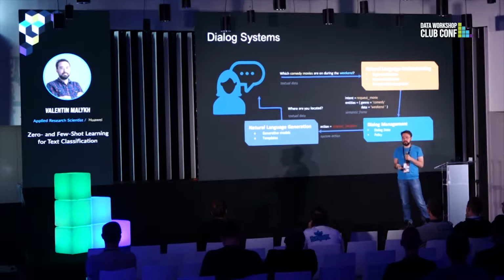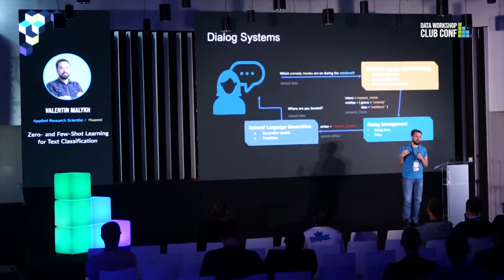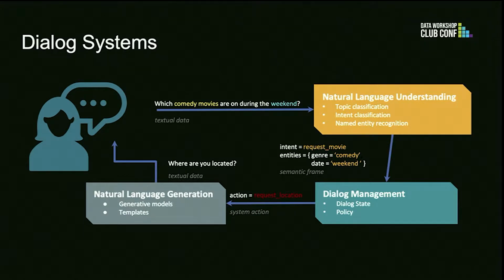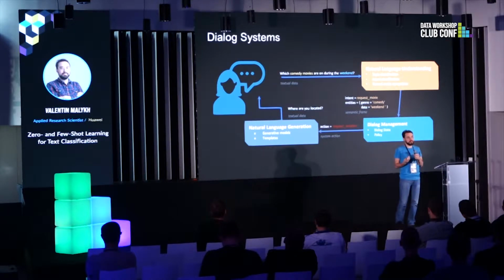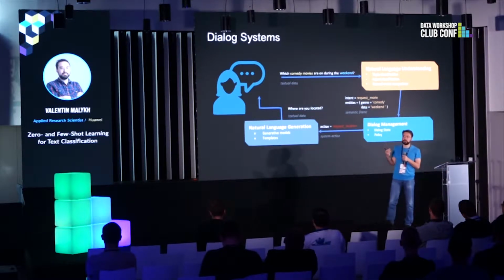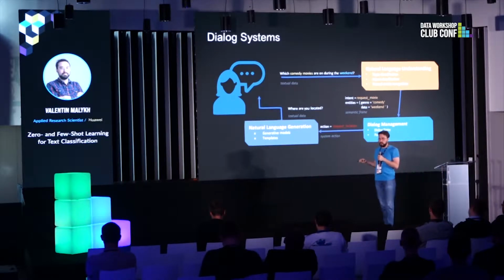What is a dialog system? I'm saying that there is a dialog system, and what is it? A dialog system itself actually consists of four main parts. The main part is a user. Of course, this is why we're actually doing something: there are people who are using the dialog system.